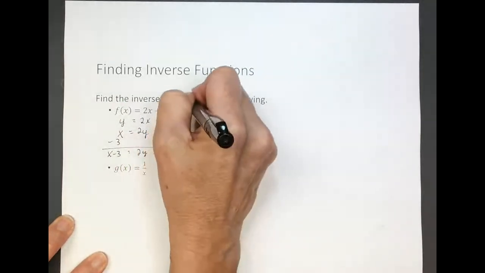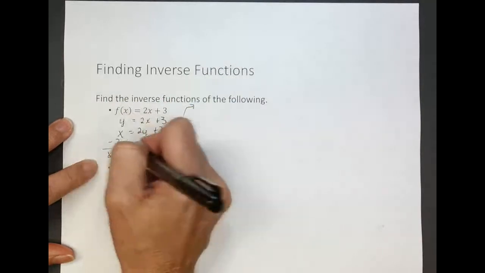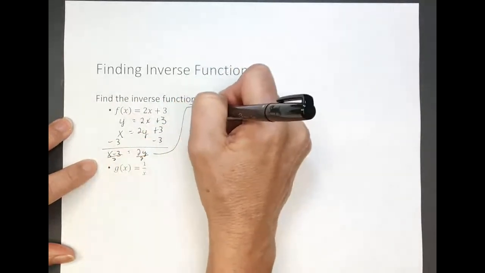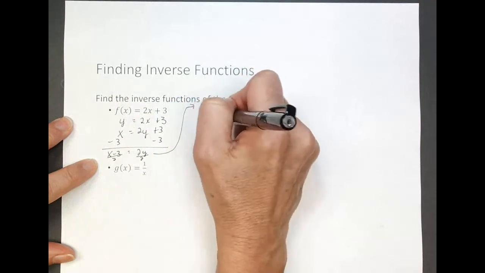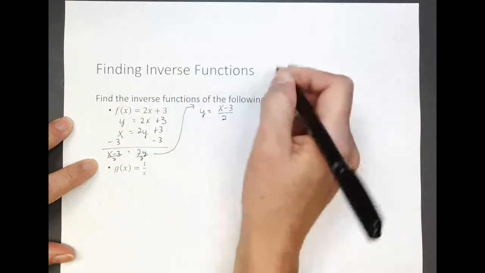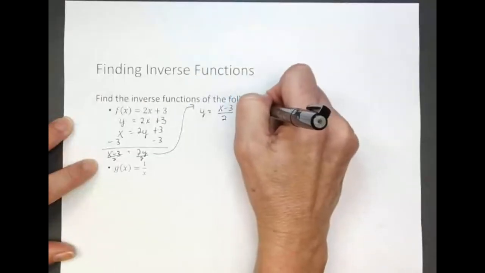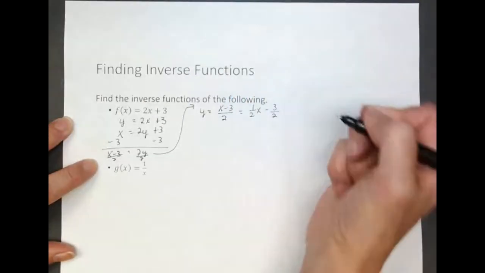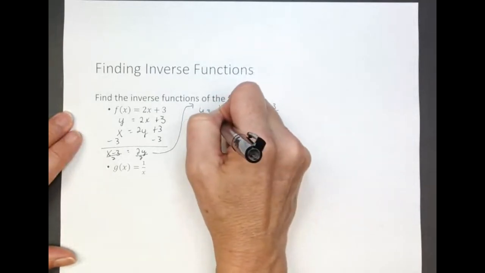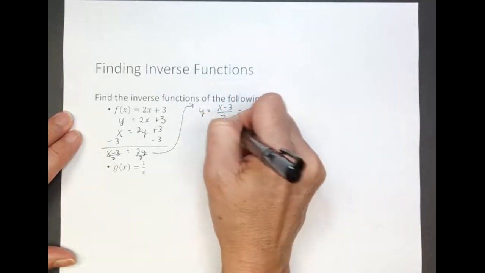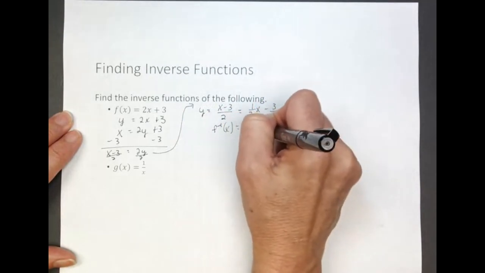If I divide everything by 2, I can then see that y is equal to x minus 3 divided by 2, or I could write that as 1/2 x minus 3/2. That's the same thing. So let me just put it in function notation now. The inverse, f inverse of x, is 1/2 x minus 3/2.